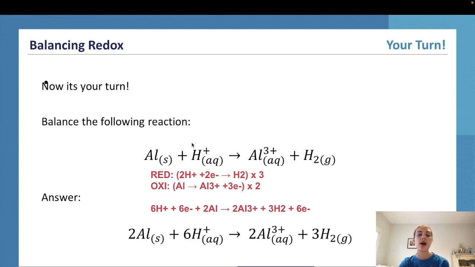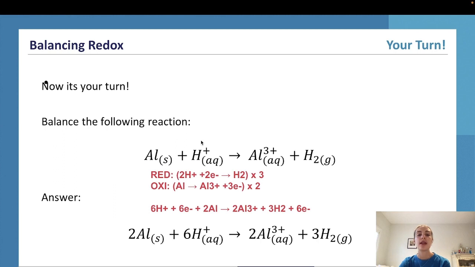So we can see hydrogen is going from +1 per hydrogen atom to 0 per hydrogen atom. So that means, remembering that electrons have a negative charge again, hydrogen is gaining 1 electron per hydrogen atom.